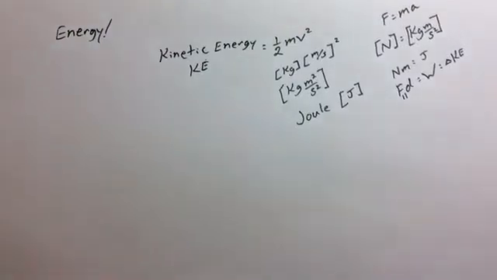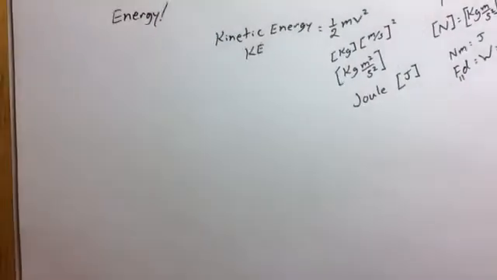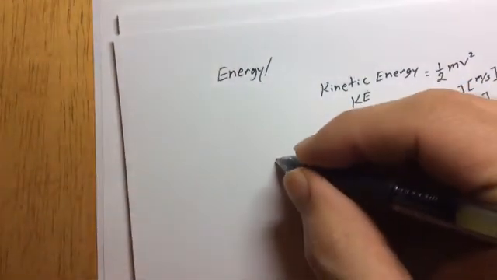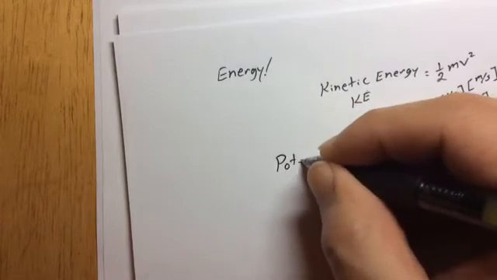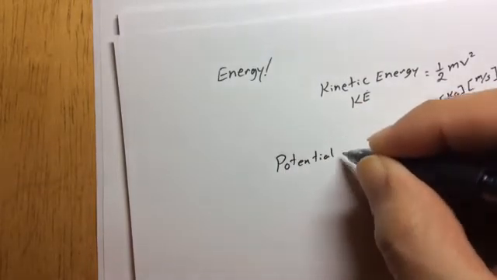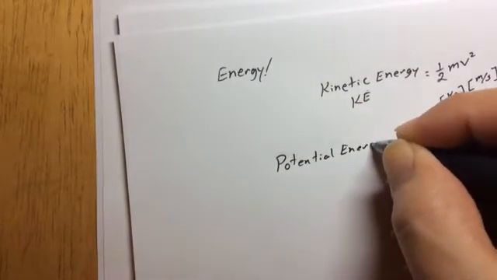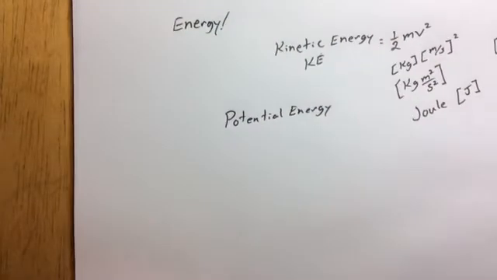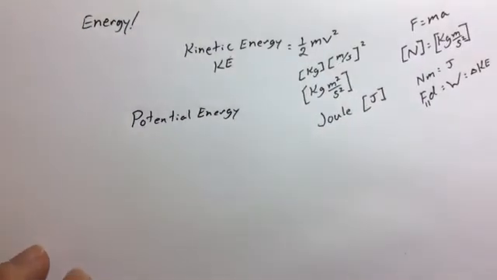Now, the other thing that we're going to talk about is this thing called potential energy. Often I find that students get confused on the idea of potential energy. I don't really consider it energy.